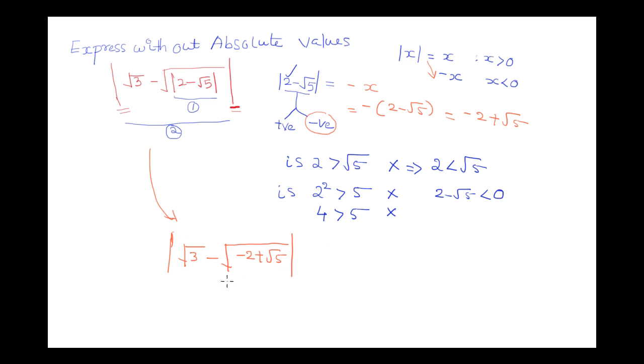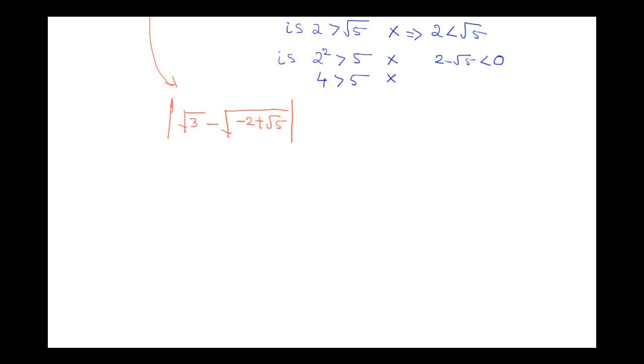Now this can be written as absolute of square root 3 minus square root of root 5 minus 2. Just change the order of numbers, nothing else.